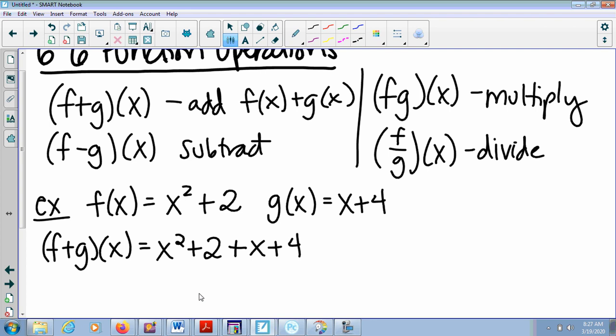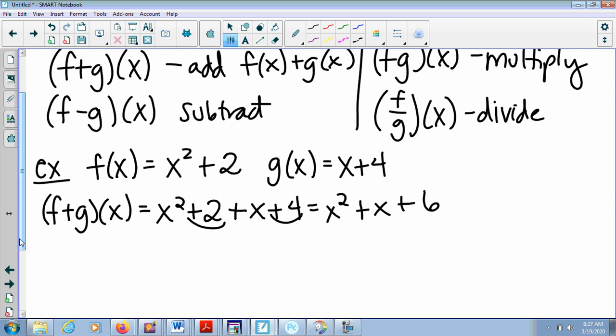And then if we have like terms, we'll combine them. And if we don't, then we're just fine. So this will be x squared first, plus x, and then plus, so you have a plus 2 and a plus 4, which will make plus 6. So there's f plus g, x squared plus x plus 6. You just add the two together, combine like terms. No big deal.